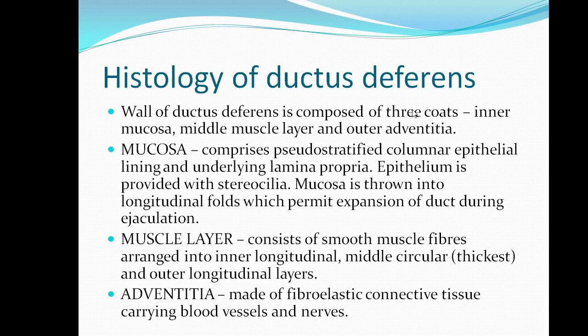Histology of the ductus deferens. The wall of the ductus deferens is composed of three coats: the inner mucosa, middle muscular layer, and the outer adventitia. The mucosa comprises of pseudo-stratified columnar epithelial cell lining and underlying lamina propria.